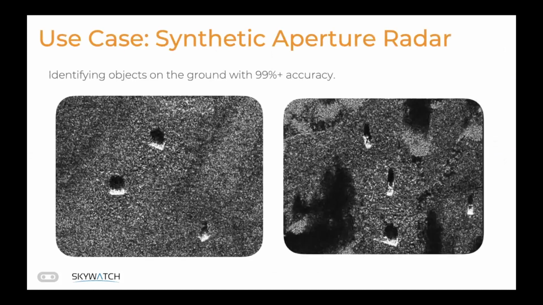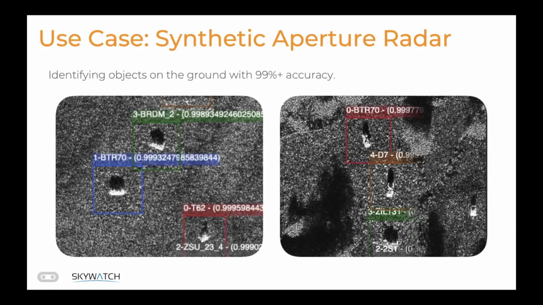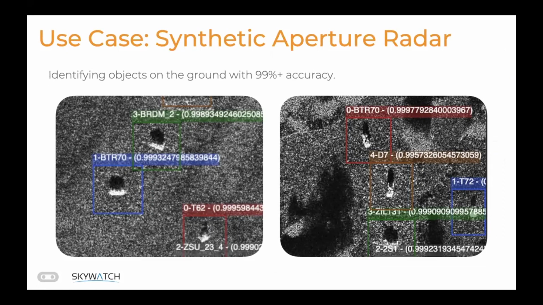So one thing we've trained Chooch to do is identify objects using synthetic aperture radar. We can identify objects on the ground with greater than 99% accuracy. If you look at the colored bars here, you see 0.998, 0.999. That's the degree of accuracy, 99.8% accurate.